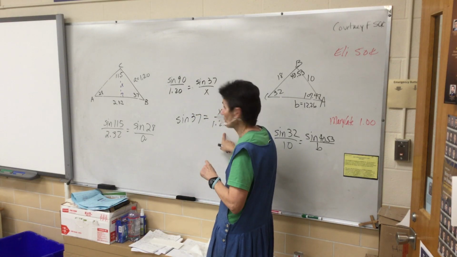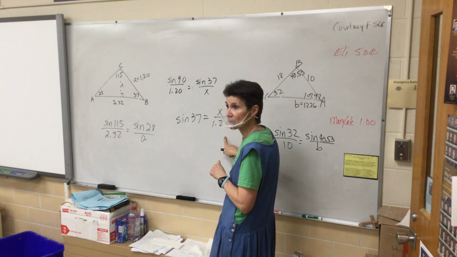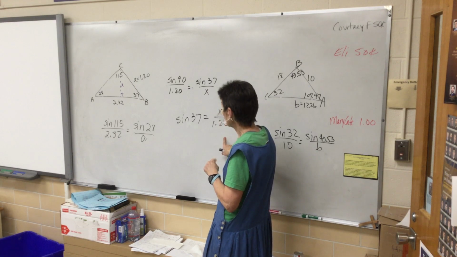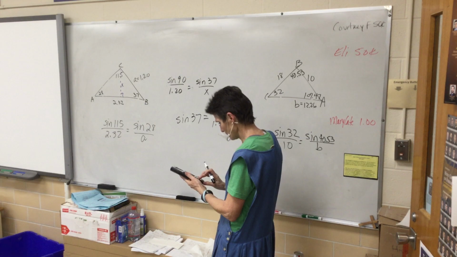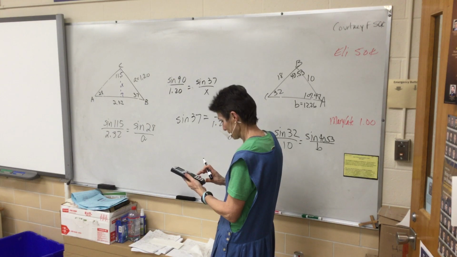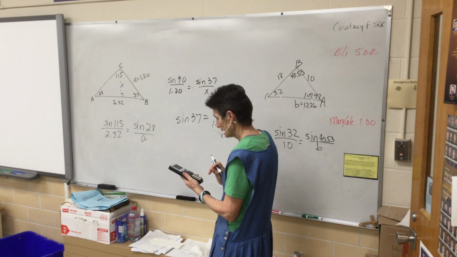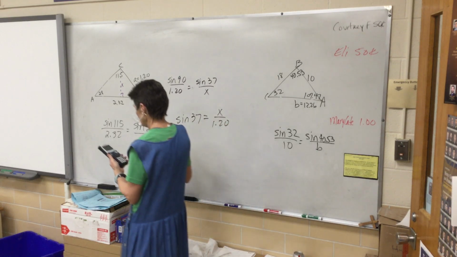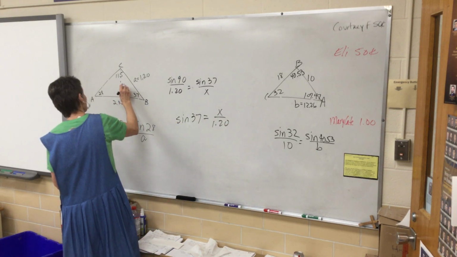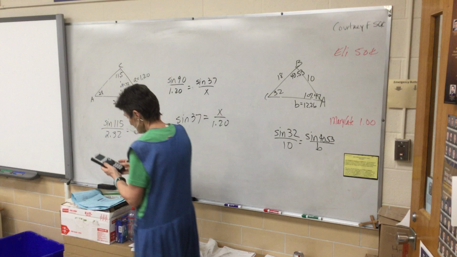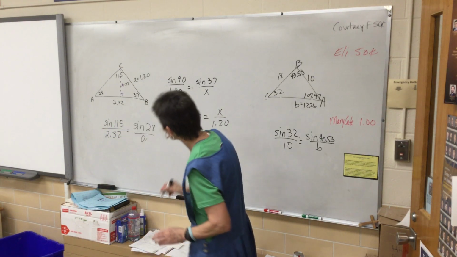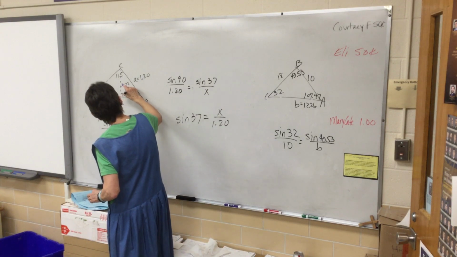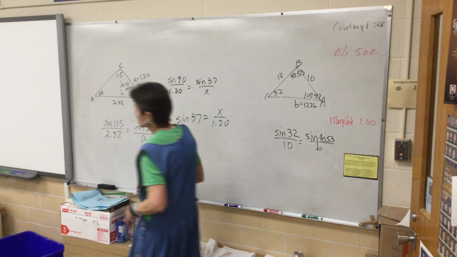And that would also work. And these are going to give you exactly the same answer. So you can do whatever you want. So it looks like our answer is 0.72. And that probably has a unit on it. Miles? So the answer is 0.72 miles.